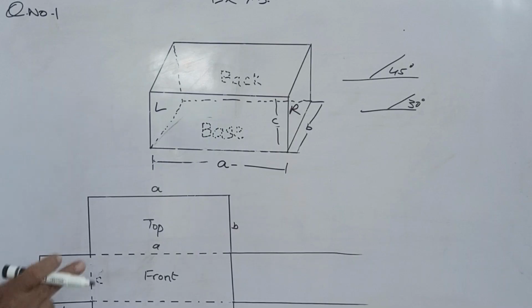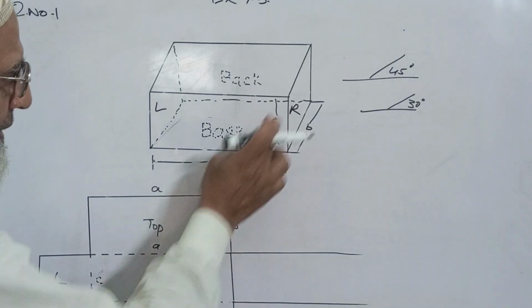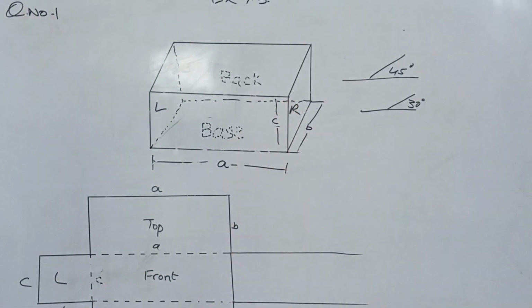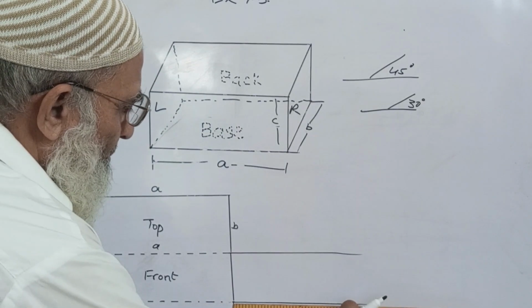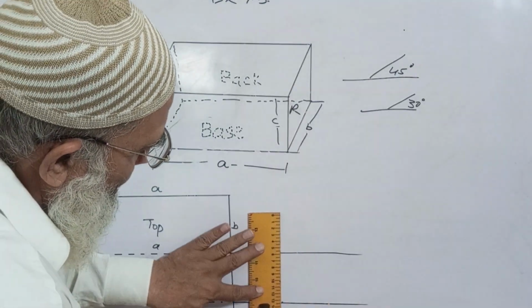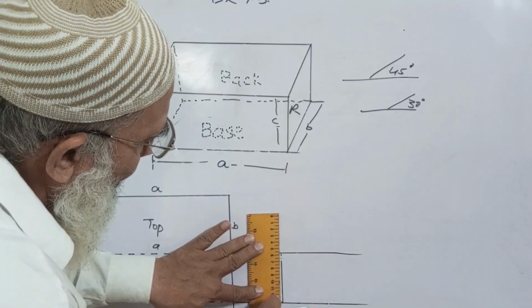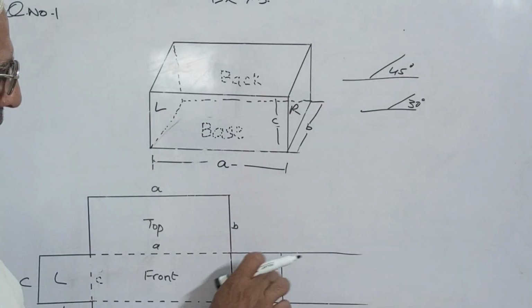Now you see we have completed 4 faces, top, front, base, left, now right, this one, the right. The dimension of the right and left are same. So just mark it over here and do it like this. Tick, tick, tick.